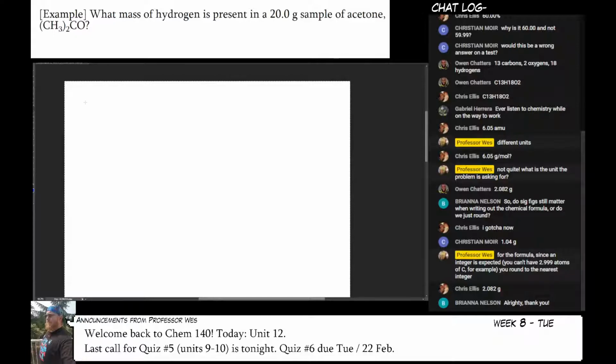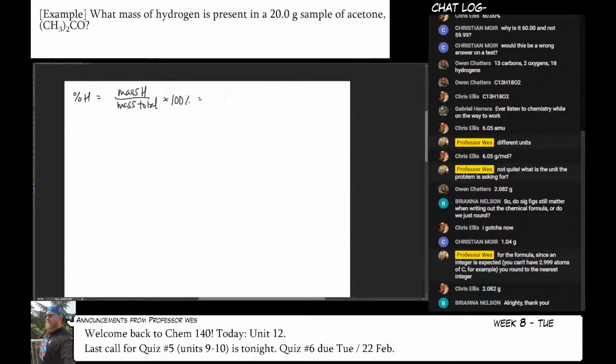Okay, so if I know what the percentage of hydrogen is, then I would be able to multiply by my sample to figure that out, right?